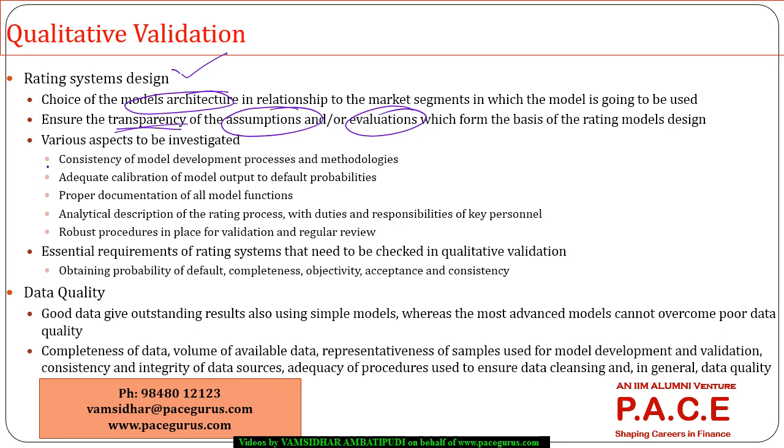So the main intention of qualitative validation is to check, first of all, consistency. I'm using a similar kind of approach across the various products and across time so that they can be comparable. And whatever output we got, if I have to link it to default probabilities, I have to ensure that adequate calibration is being done.